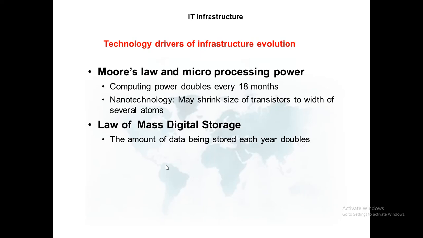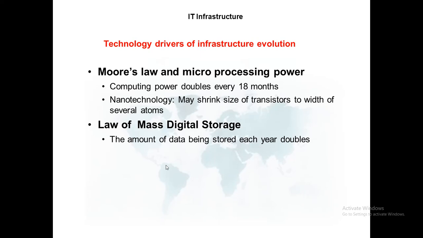I think we know what a microprocessor is. It's what you call the central processing unit, the brain of the computer, and it controls the speed at which processes or jobs are executed by the computer.